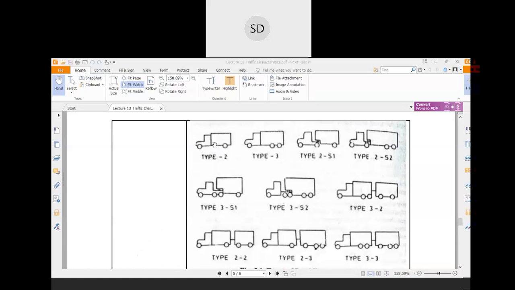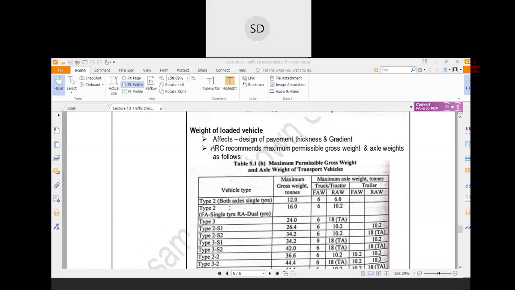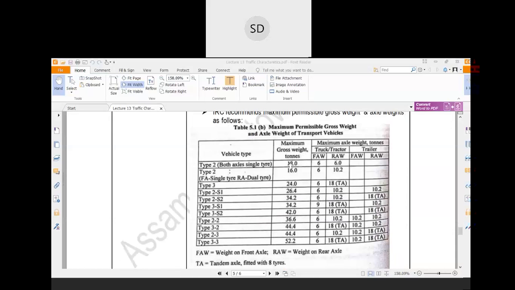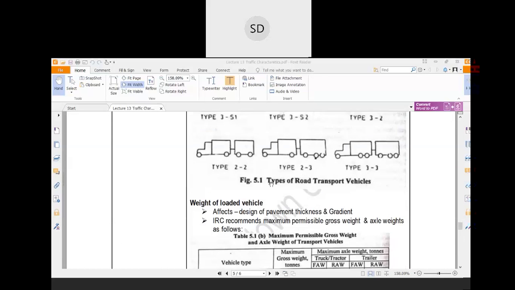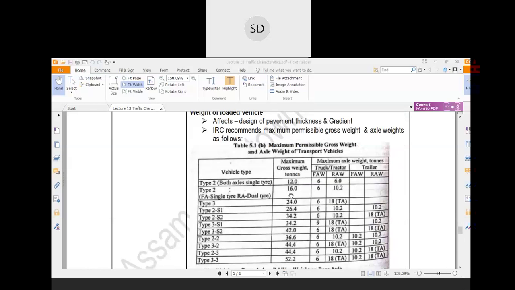So this is type 2, basically a normal truck. In that case, your maximum gross weight is 12 tons. Similarly, for type 3, there is 16 tons. Like that, you need to go through all these parameters, and according to this, you have to design the different road section parameters.